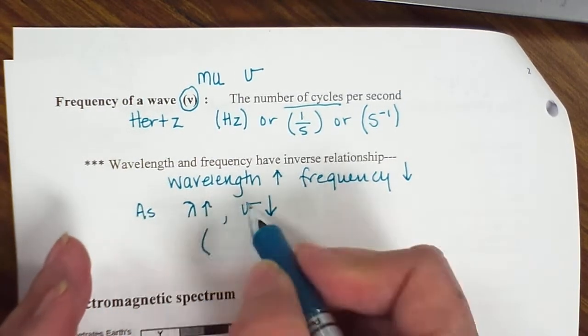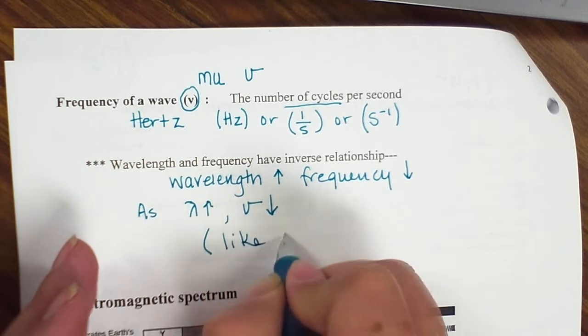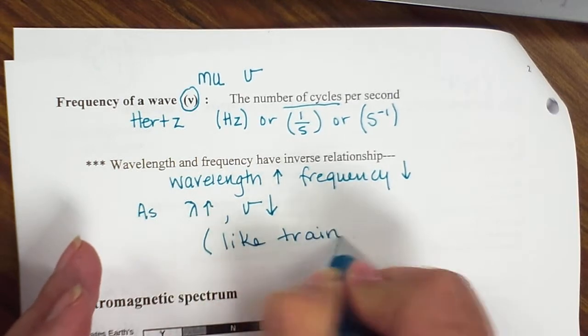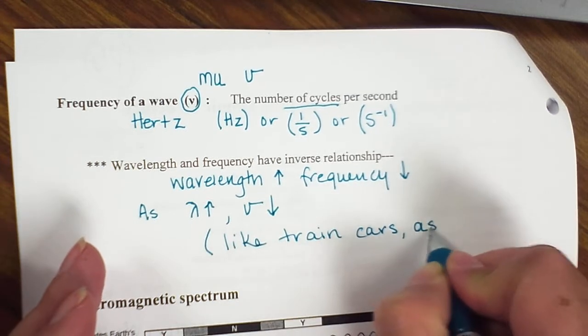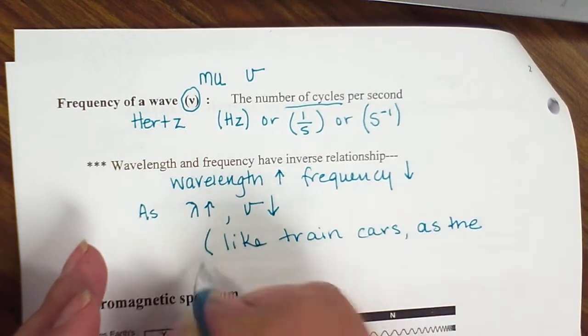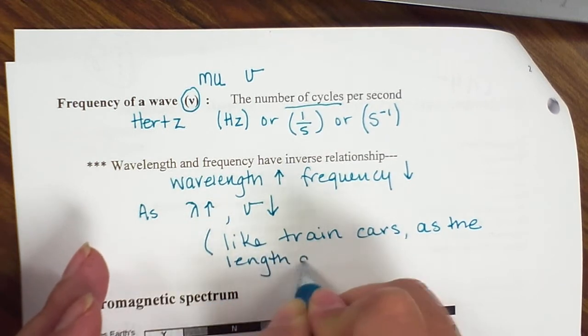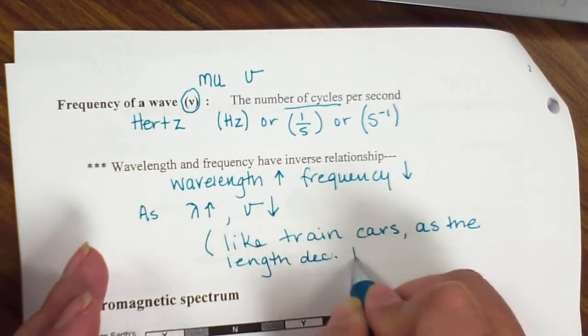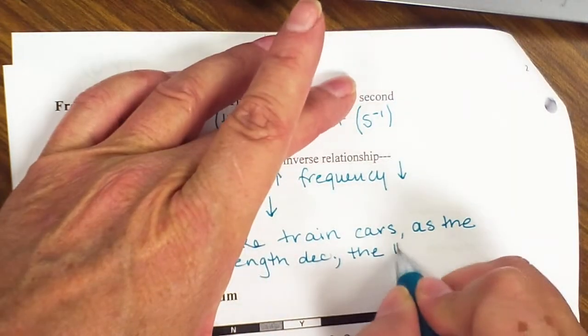So as wavelength decreases, as the length decreases, the number of cars I see increases.